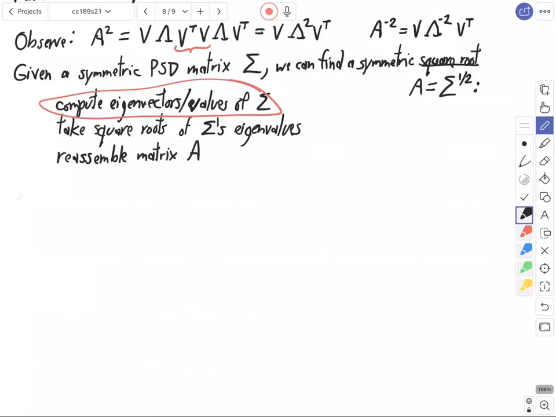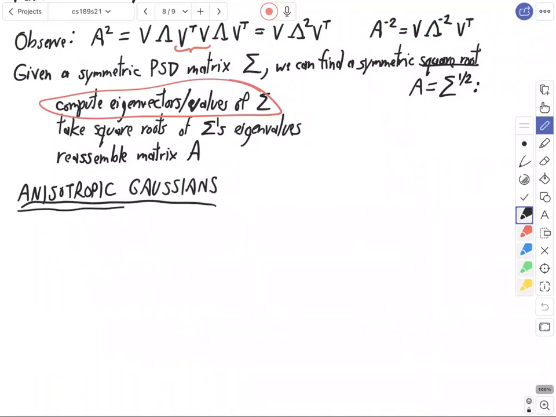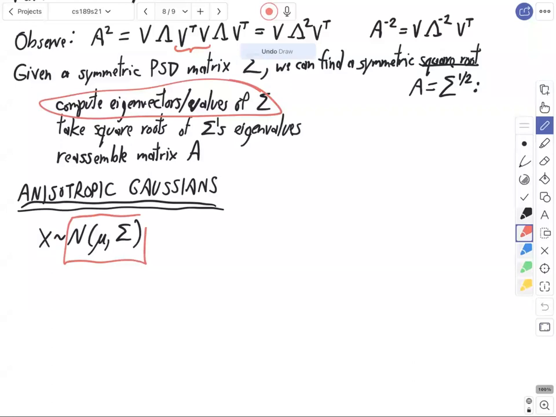So now I want to come back to anisotropic Gaussians. So let's revisit the multivariate normal distribution. But now we're going to allow different variances along different directions. So we're going to label this as a random variable x, which is a vector from a normal distribution with mean mu, and now it has a covariance matrix, capital sigma.